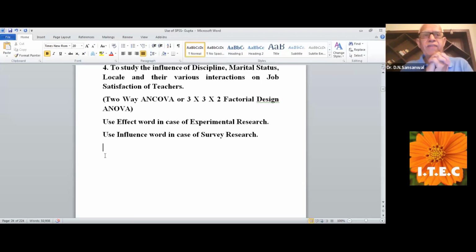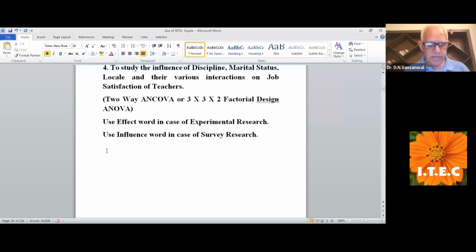Now, once you have written the title and the objective, if you are doing a quantitative research, then you must write the hypothesis. And if you are not doing a quantitative research, then you need not write the hypothesis. So if you have the qualitative data, you need not write the hypothesis.